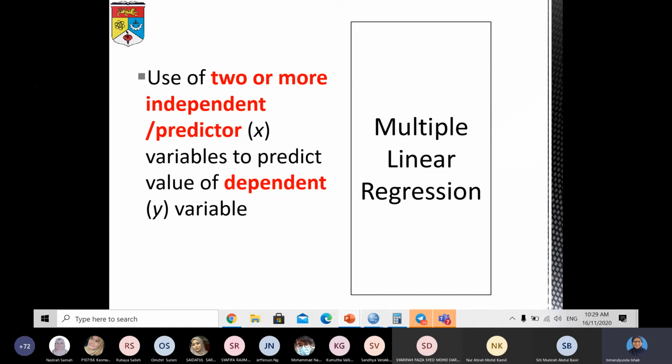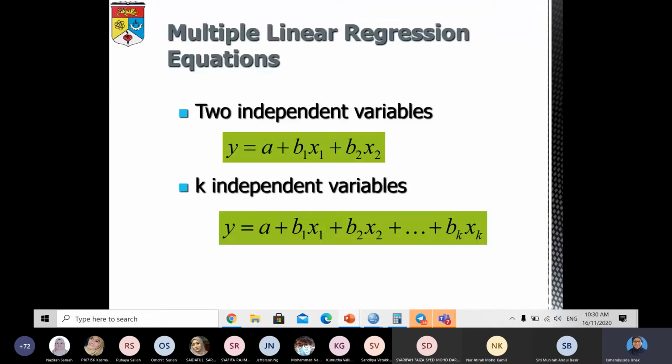For multiple linear, you have two or more independent variables or predictors to predict the value of the dependent variable. With two independent variables, y equals A plus B1x1 plus B2x2.